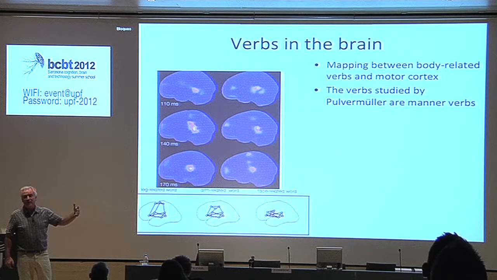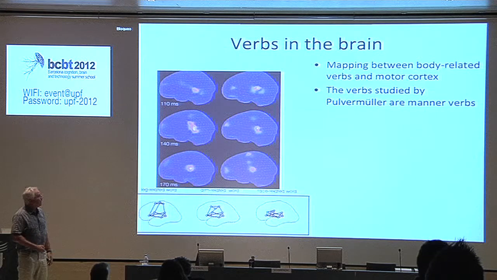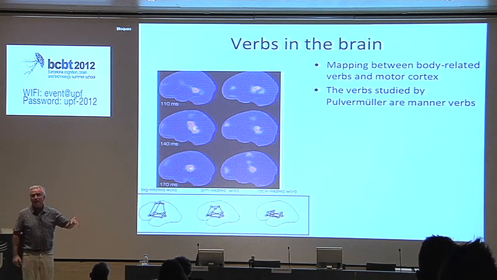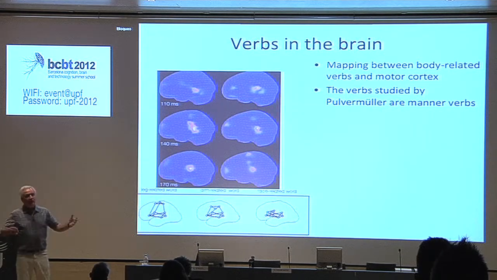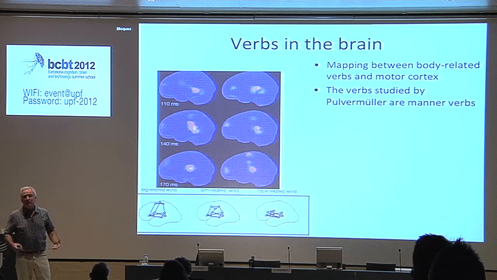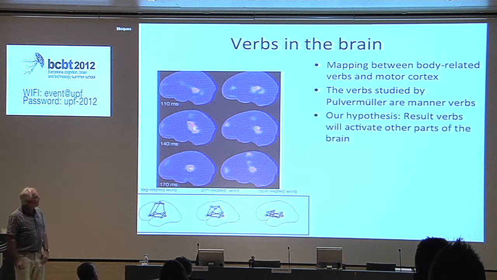They're all manner verbs. And that's very nice, that the manner verbs show up in the motor cortex. I analyze manner verbs as force vectors. Force vectors are related to control of exerting forces, if we talk about body movements here. They are generated from the motor cortex. So that's a very nice mapping.